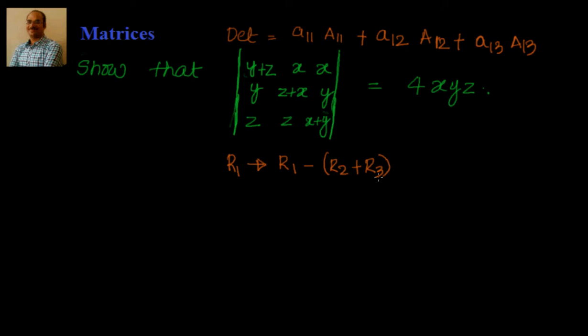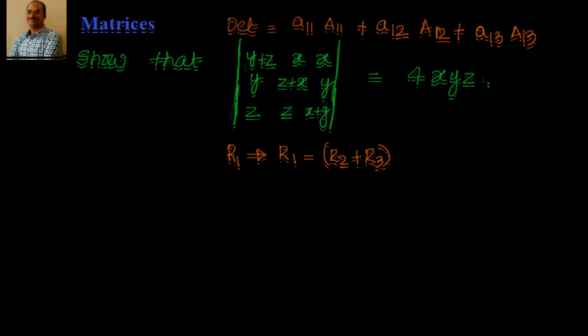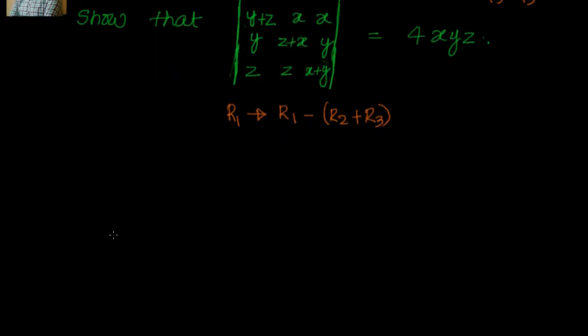What's the meaning of that? Every element in R1 will become its value minus the sum of the values of the remaining two rows. Let us see what changes it will bring here.